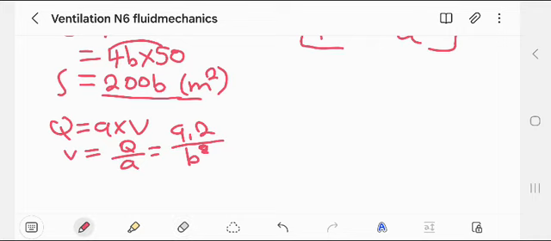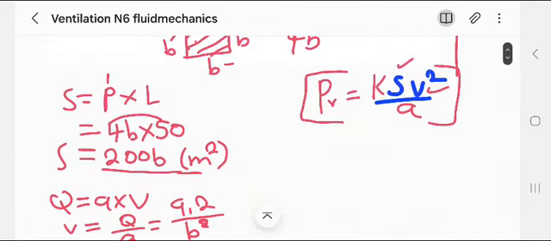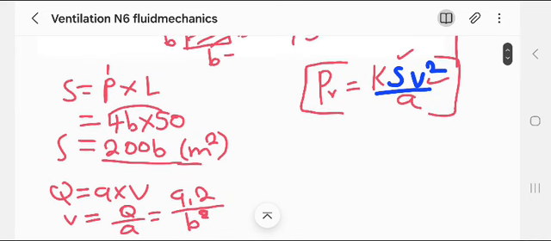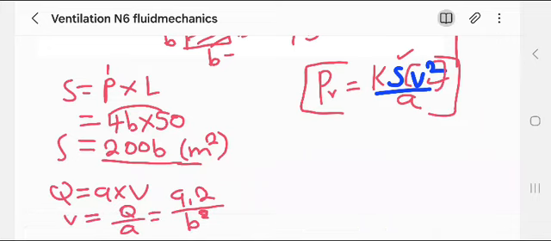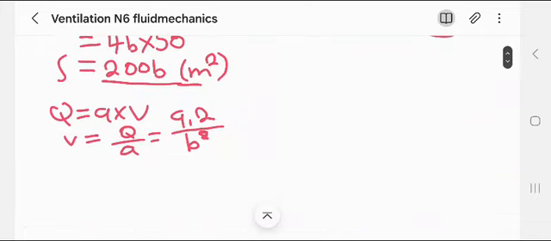Yeah, we have calculated what the velocity is, but here we have v squared, and we have calculated v only.